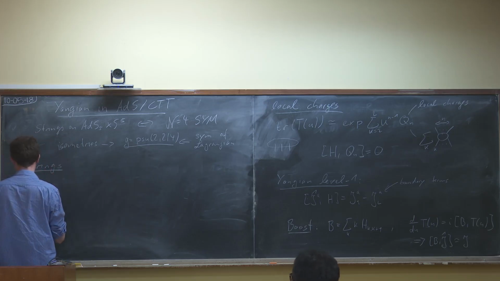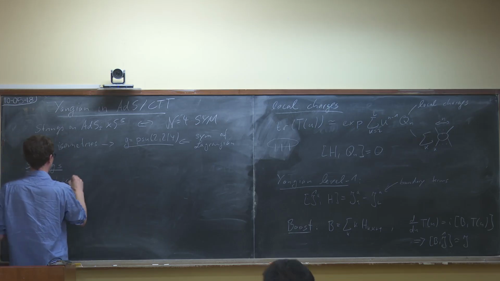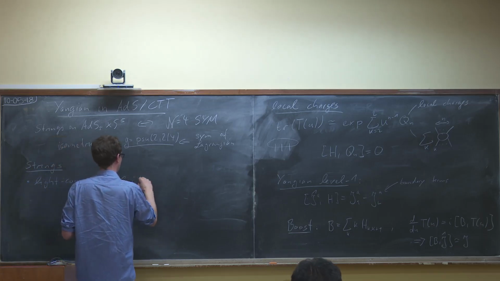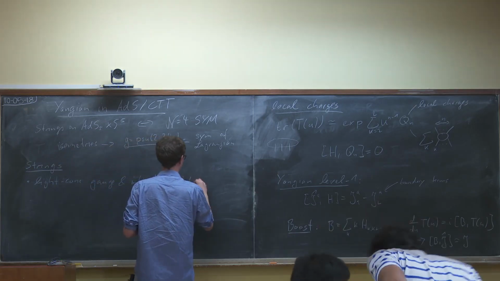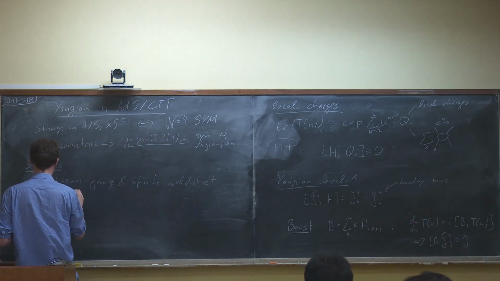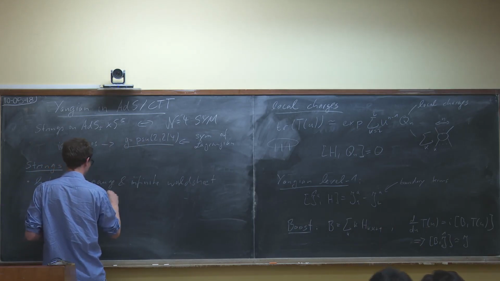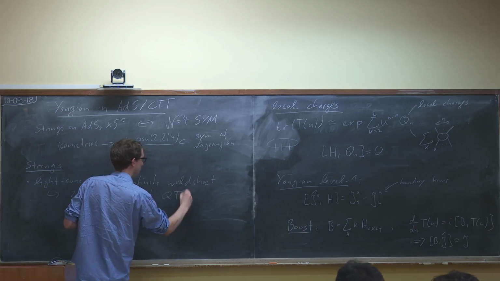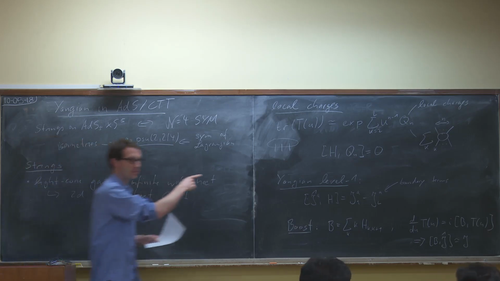So for strings, if one takes the light cone gauge and an infinite worldsheet, then this results in a 2D worldsheet QFT. So do you have questions on this?